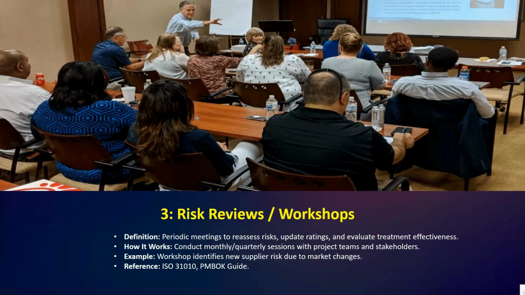During these sessions, the team discusses each risk, updates its rating, and decides whether treatment measures need adjustment. This ensures that risk management stays aligned with the progress of the project.